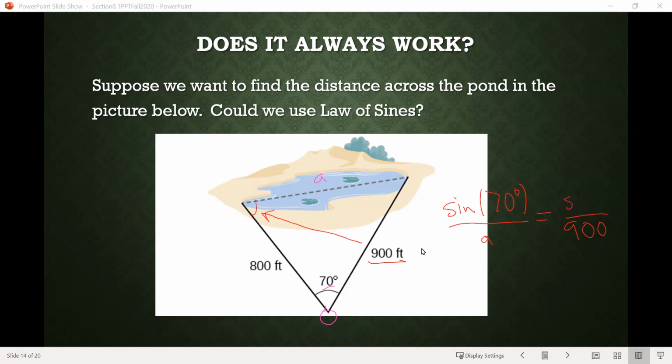And notice that in this case, we don't know what that is. Right? And so now what we've got in our formula here are two different variables, and so we can't solve that. And we'd run into a similar problem if we tried to use the side of length 800 feet. So what are we going to do?